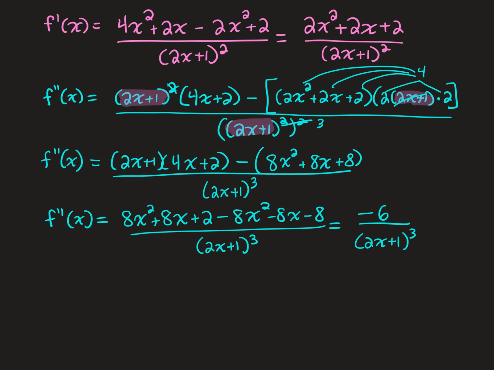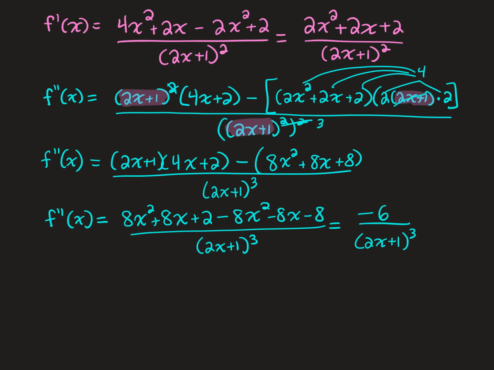Now, what we need to do is find those places where the second derivative is equal to 0. Okay, that's part of what that test for concavity is. So we'll set our second derivative equal to 0.